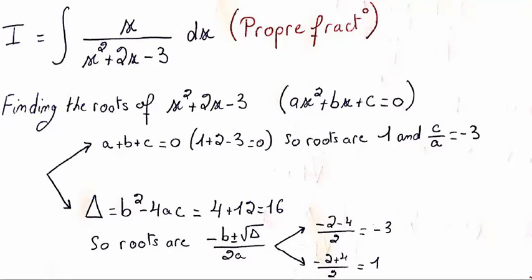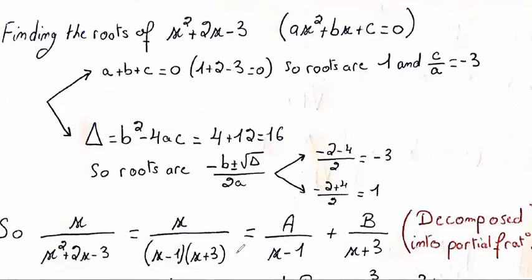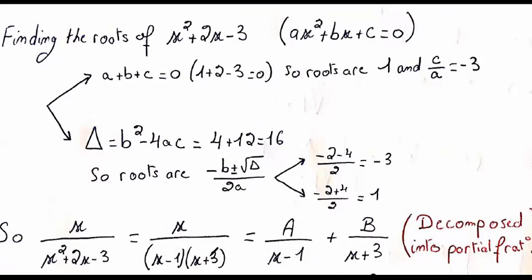All right, getting back to here, we have the roots which are 1 and minus 3. So my denominator can be written as factors: x minus 1 times x plus 3.